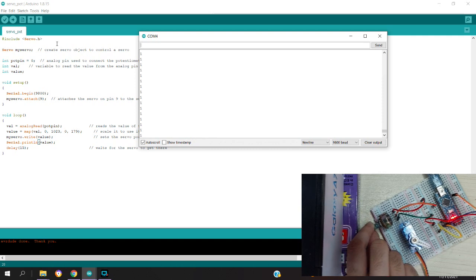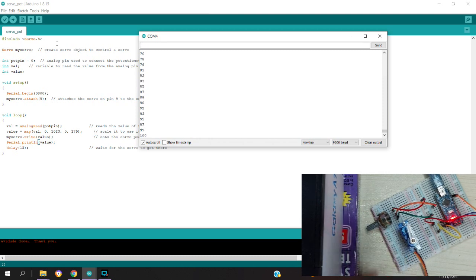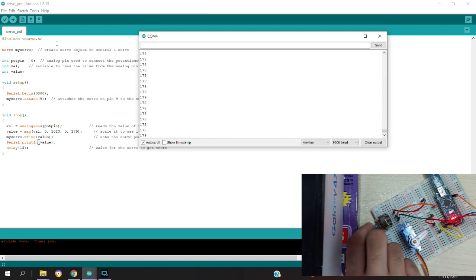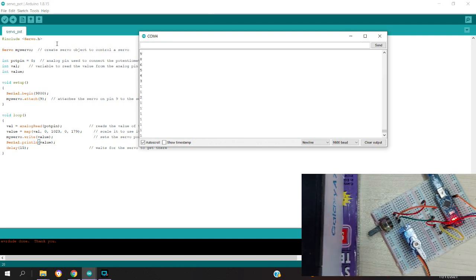As we try to rotate it, the value increases. Its maximum value is around 178 to 179. And as we lower it, the minimum value is 1 degree.